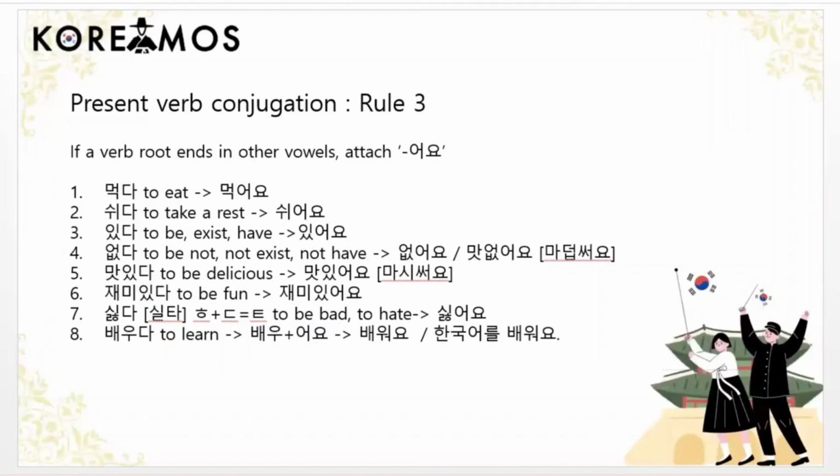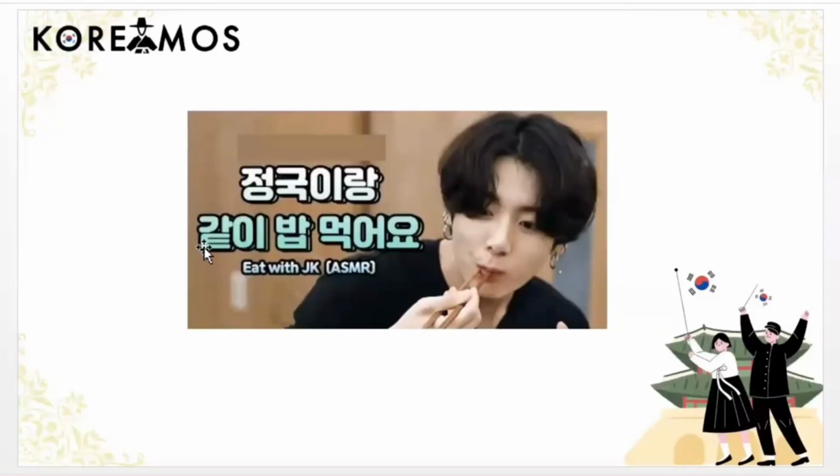Okay, so here is the example. Oh, here 같이 again. We pronounce 같이, right? 정국이랑 같이 밥 먹어요. Here his name is 정국, and 이랑 means with or and. So here is with 정국, 같이 is together. 밥 means rice. 먹어요 is eat, right?